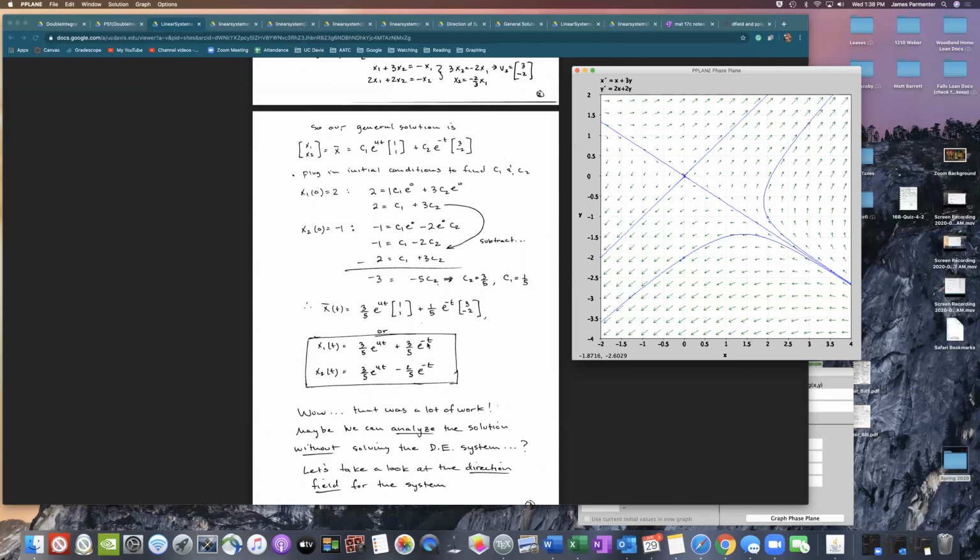So this part ends up not contributing, and this is the thing that informs us about what our solution actually looks like in the long term. Even more generally, if one is positive and one's negative, it's the positive one that's always going to take over. If they're both positive, I think it's the more positive one, I'll have to remember. And if they're both negative, eventually both things go to 0.